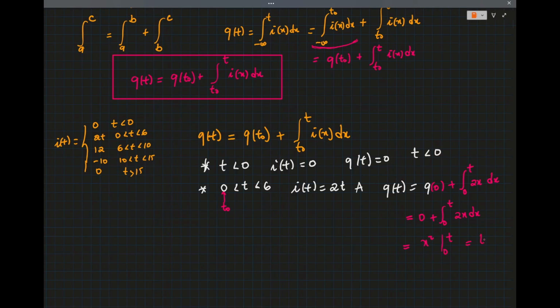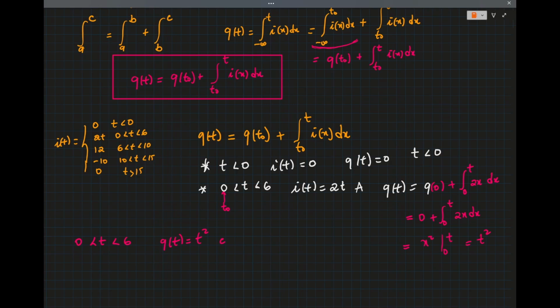That gives me t squared. So for 0 less than t less than 6, q of t equals t squared coulombs.